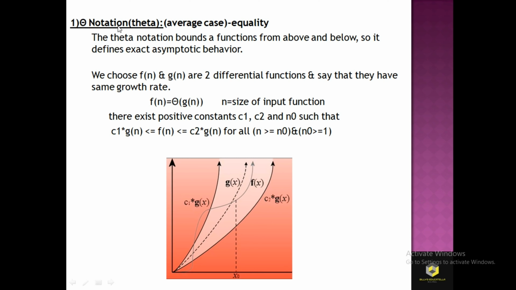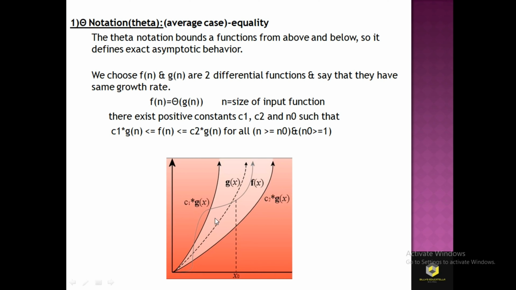But this notation specifies the average case, which shows the equality condition where both the lower bound and the upper bound are equal, and that case is known as the average case.